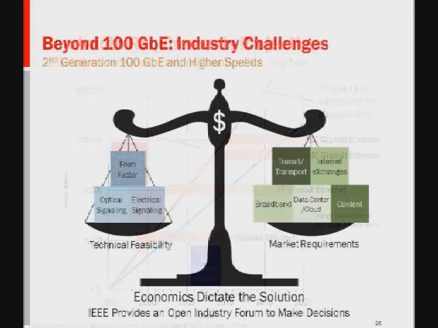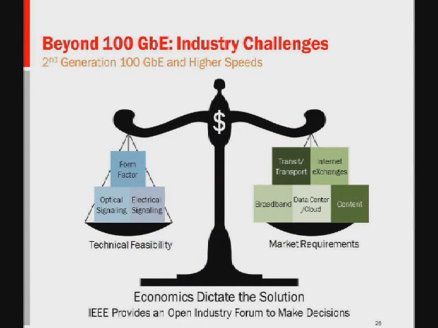And then I drew this slide to kind of show you all the things that we have to consider. And I put second generation technology and higher speeds on it, but it really applies to any interface technology. So we have to consider the technical feasibility, which is the form factor, which goes into power and cooling and things like that, the optical signaling, electrical signaling.